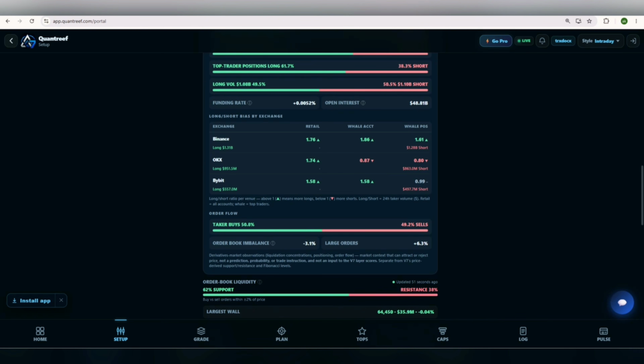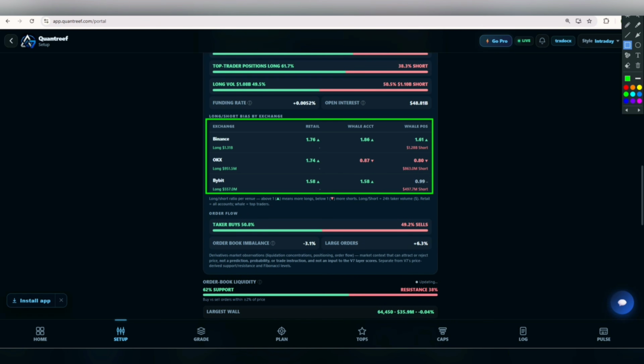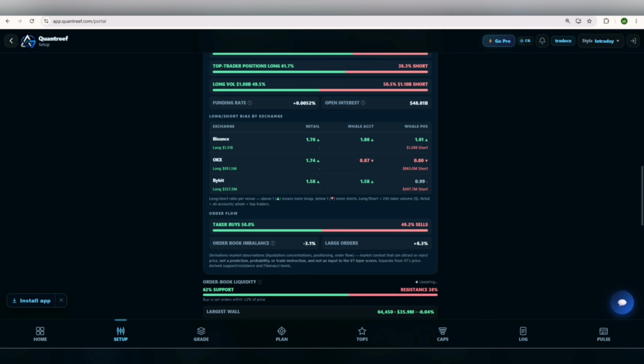Further, I will show you about liquidity, but here you can also check some data about Binance, how much is retail, and what the whale accuracy is. This shows you that people are taking short trades. There is also the number that has been shown, which will give you understanding.